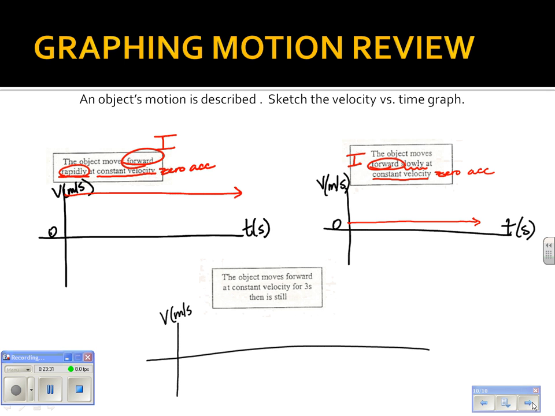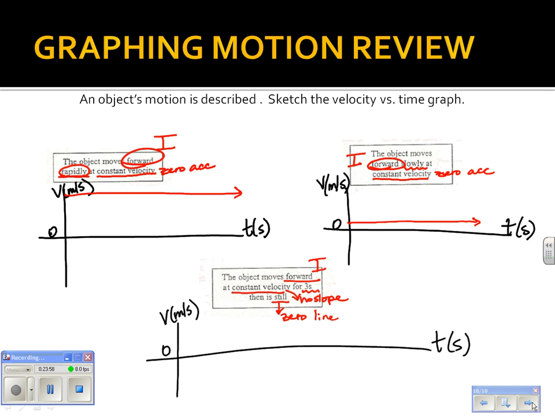All right. And the object is going to move forward. Velocity is meters per second. Time is seconds. Okay, let me look. It's moving forward, so this is quadrant 1. Constant velocity, so this is going to be no slope. For 3 seconds, and then it is still. Well, when it's still, it has to be on the 0 line.